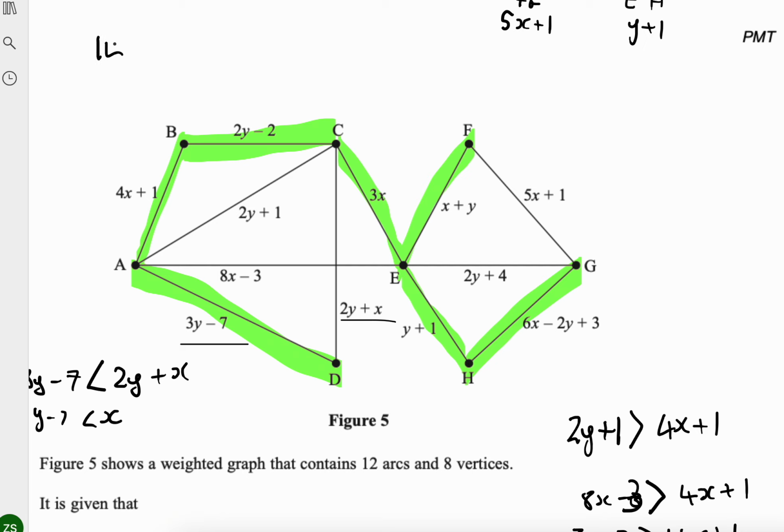So we have 14x, and 5y. Then our numbers are minus 7 plus 1 is minus 6, minus 8 plus 1 is minus 7, plus 3 is minus 4. And we know that that's equal to 73.